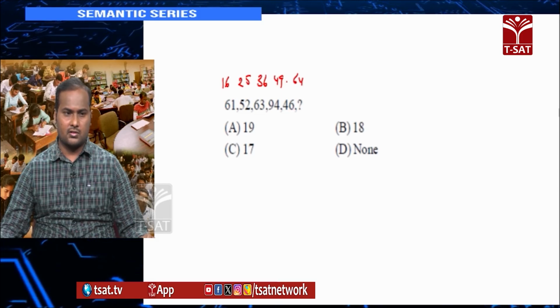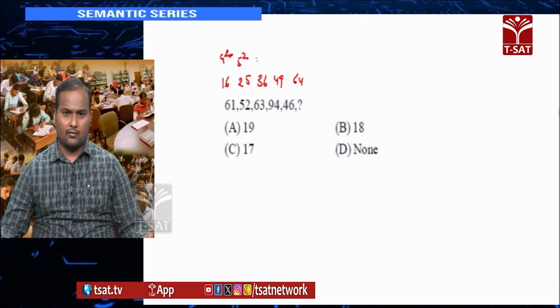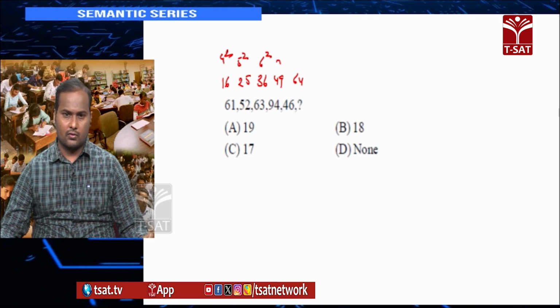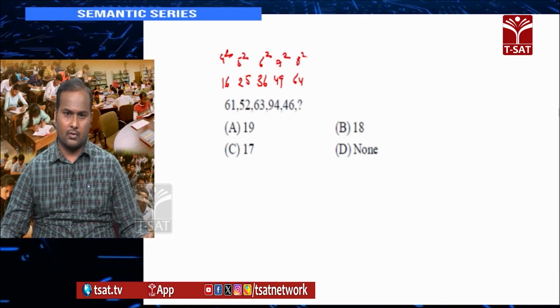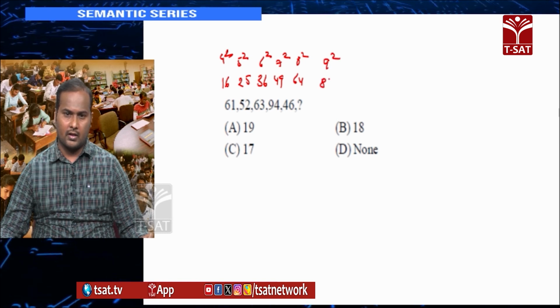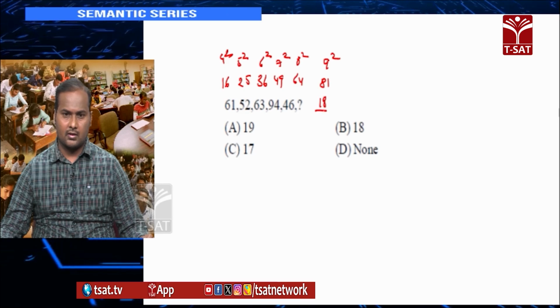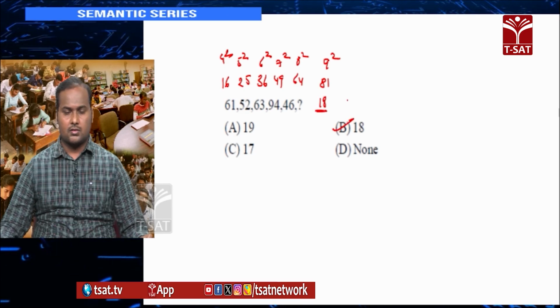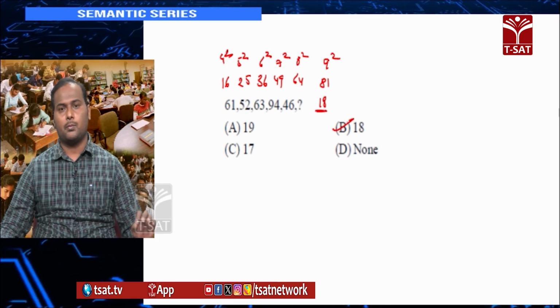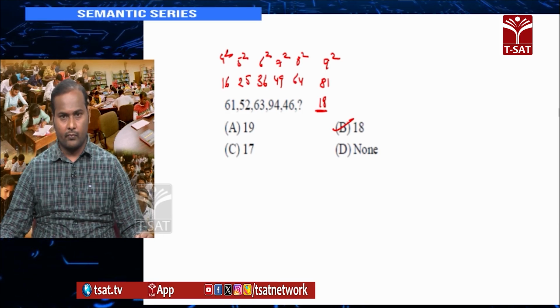The moment you see this, all these are squares like 4 square, 5 square, 6 square, 7 square, 8 square. The answer will be 9 square. 9 square is 81. You reverse this 81, you will get answer as 18. So, this kind of questions you will recognize by practice. If you do more practice, you will recognize this kind of series very easily.